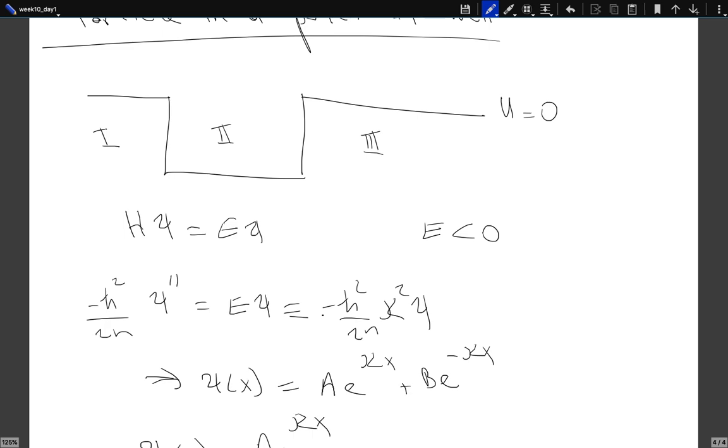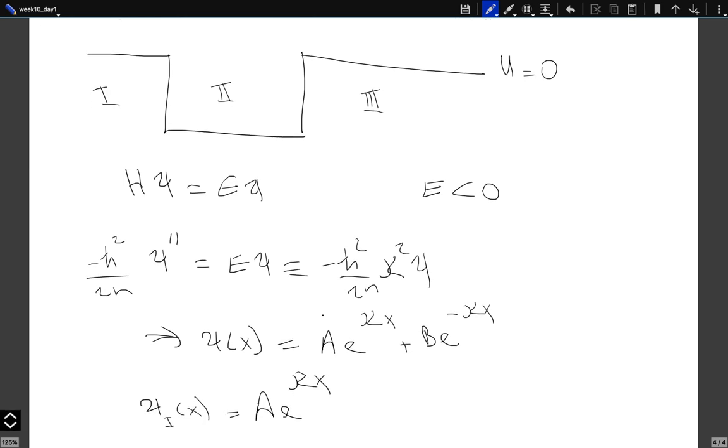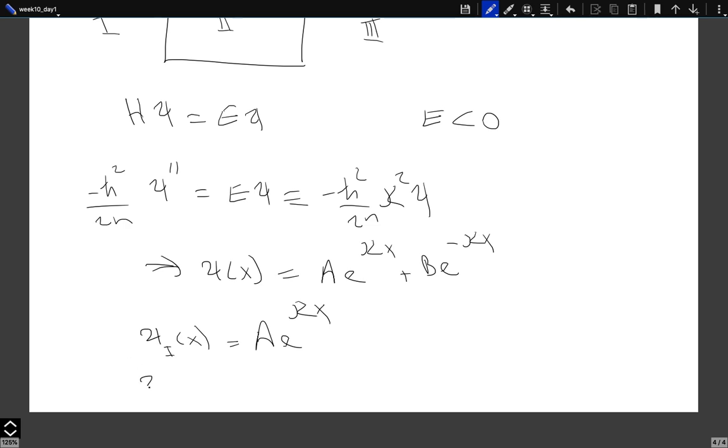But as x goes to infinity, this diverges, it goes to infinity. The wave function is not finite as x goes to infinity if I have this term. So this term should be absent in region 3. So my wave function in region 3 should have this form.